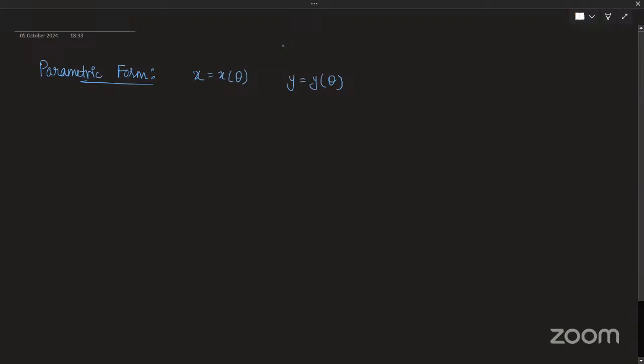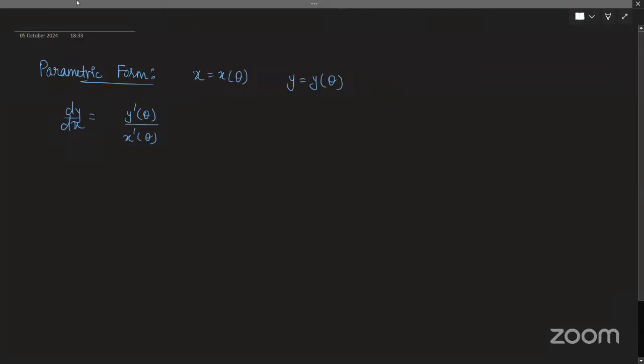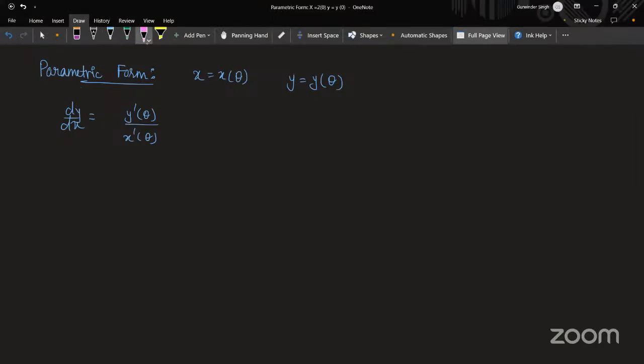Let us call it theta. So the value of dy by dx is equal to y dash theta divided by x dash theta. You differentiate y with respect to theta and you differentiate x with respect to theta and you divide both of them. That's how you do it.